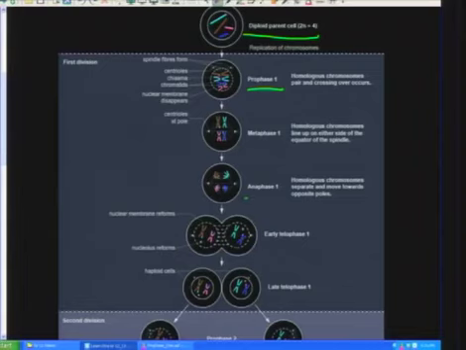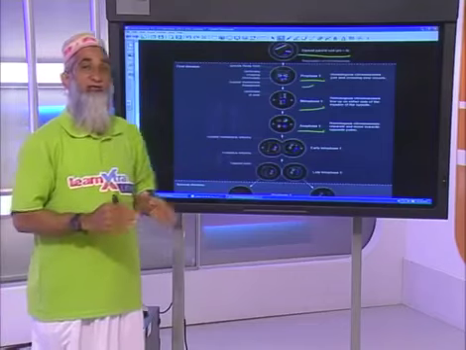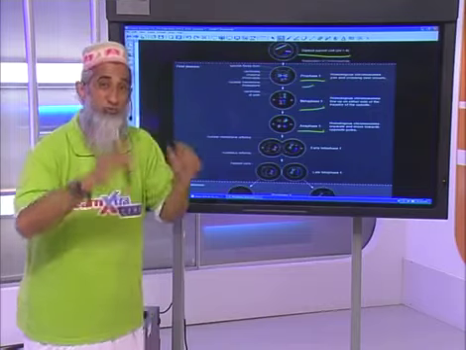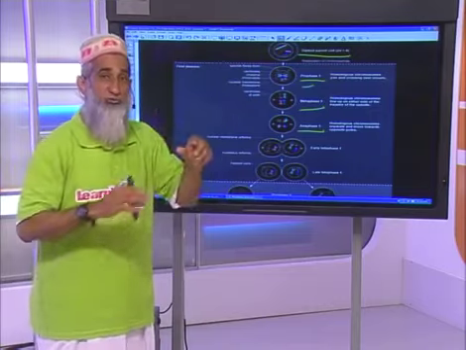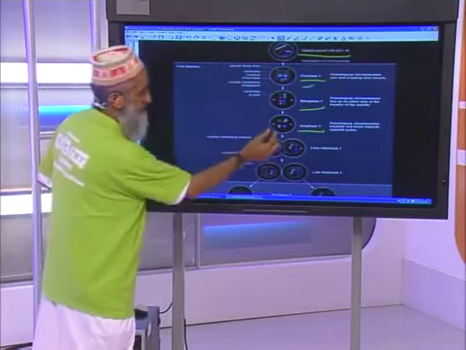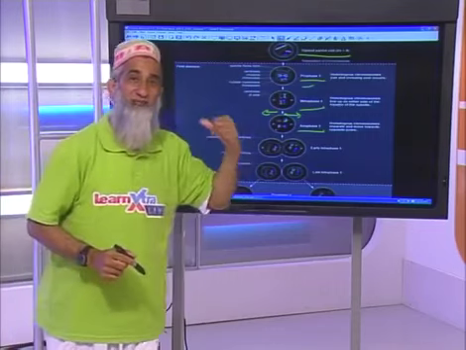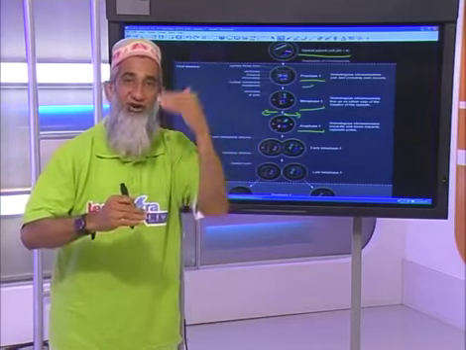What follows next is anaphase 1. During anaphase 1, nothing to do with the centromere. The chromosomes, not chromatids, chromosomes, move towards opposite poles, as you can see there. Half the chromosomes are moving to one pole, and the other half is moving to the other pole. Can you see that this is what brings about the halving of the chromosomes?